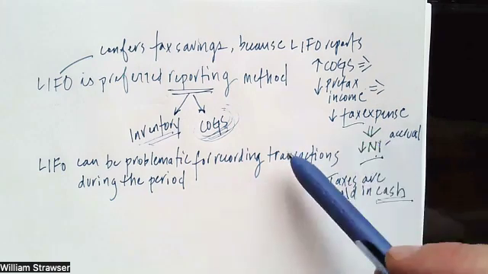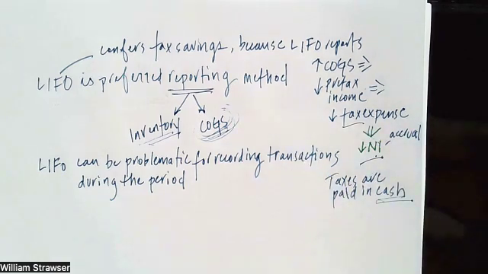The reason why companies can't report FIFO on their books and LIFO to the tax authorities is that those are two definitely different systems. We do not necessarily have to report for our taxes exactly how we're reporting for our financial statements, except in this one case, and that is with LIFO.